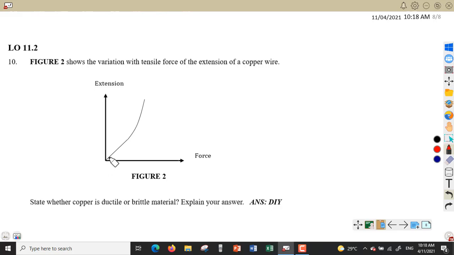So we will get a straight line and then a curve. You can flip it, so you might change the graph a bit to a straight line.